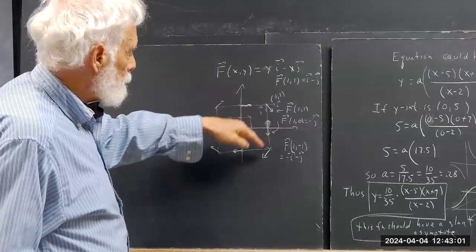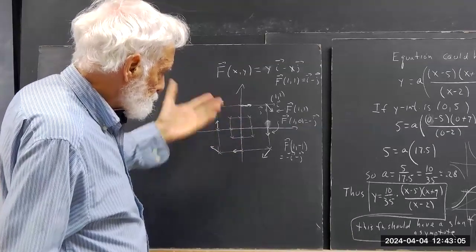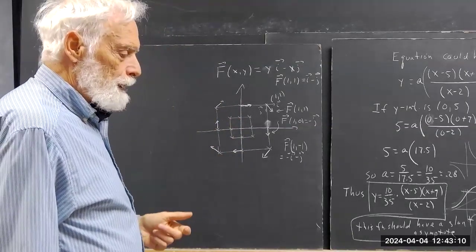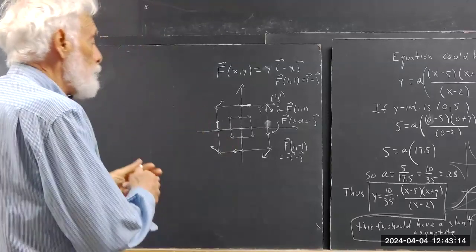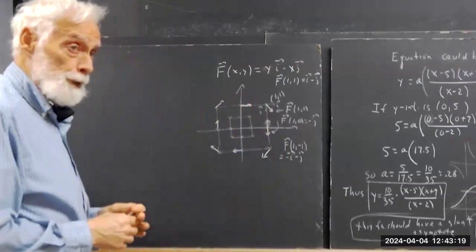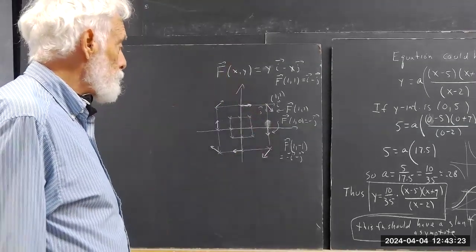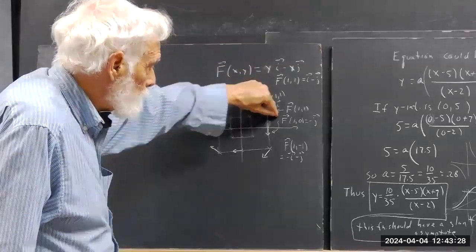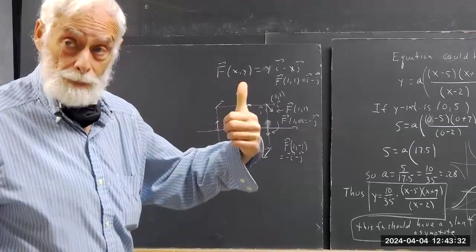So if you go around here, the vectors always have a component. Okay, well, let's say you go around counterclockwise, which is the positive direction. If you go around this square in the positive direction, the component of your vector field is always in the direction opposite to your direction of motion, right?